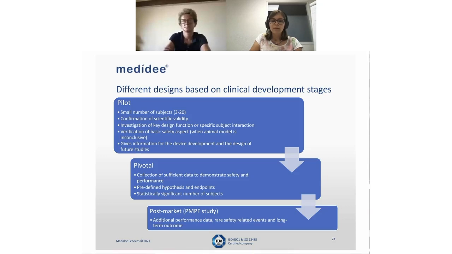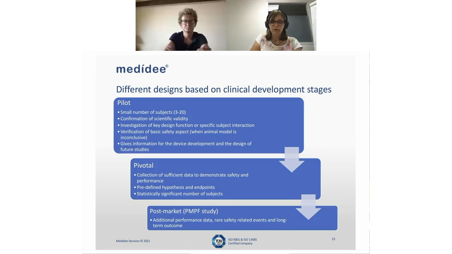So you will have a first impression of the performance of your device. This pilot study will then allow you to better design a pivotal study where you will have a predefined hypothesis with well-defined endpoints, well-defined enrollment and exclusion criteria, and where you will collect sufficient data to demonstrate safety and performance of your device.